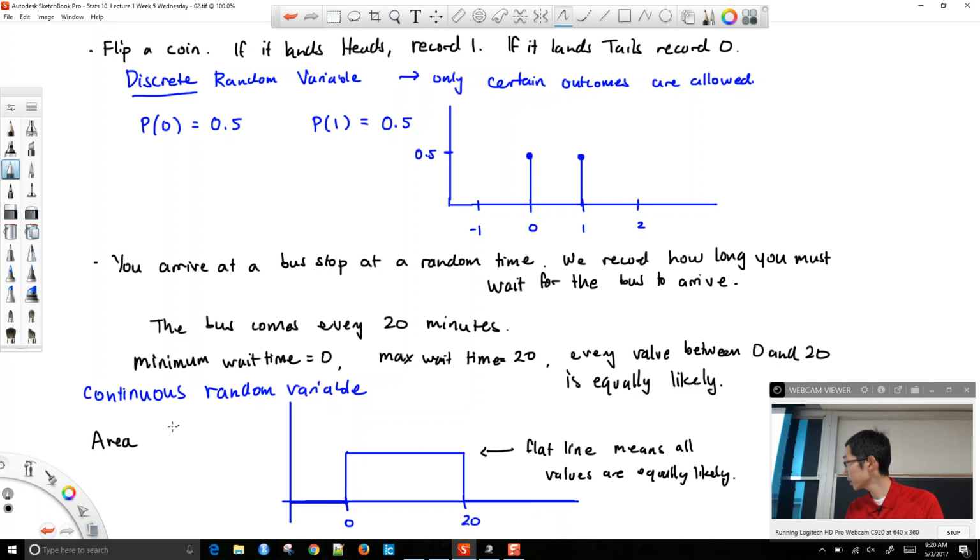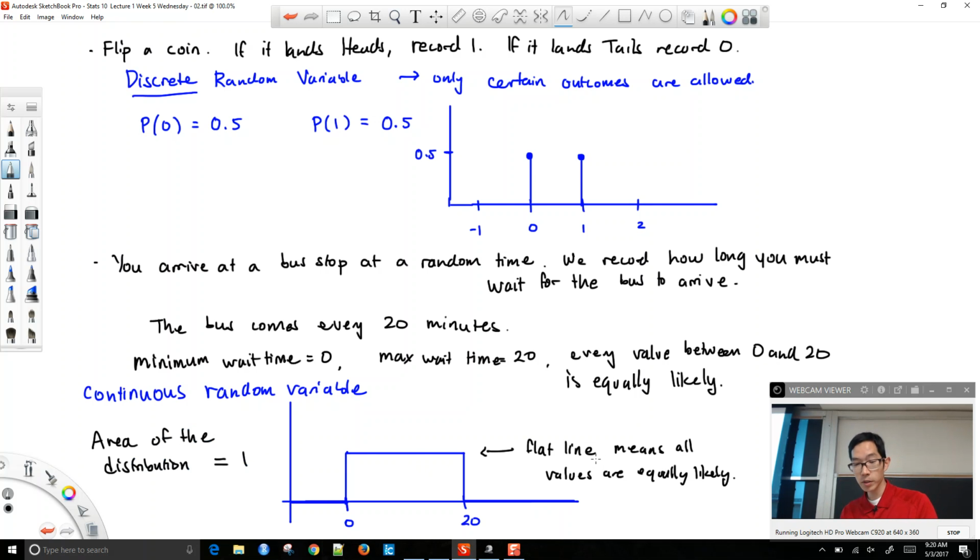The area of the distribution always equals 1.